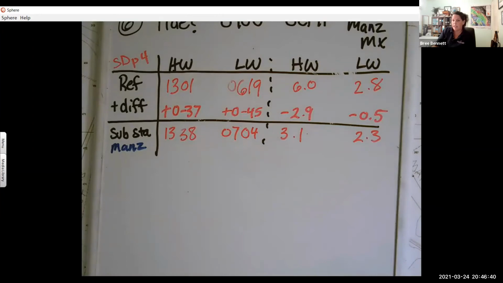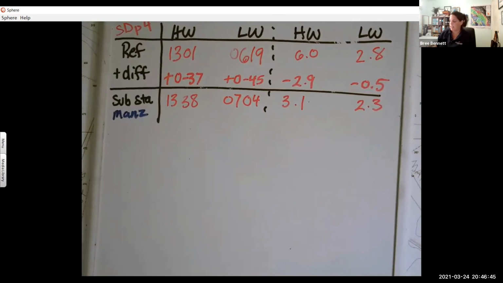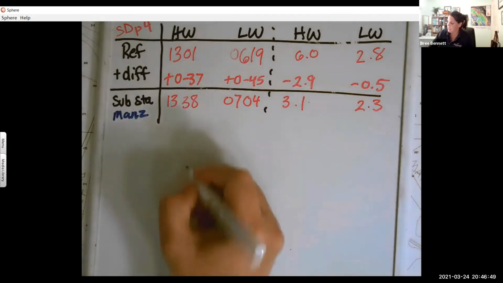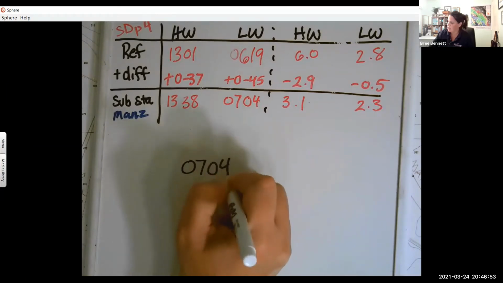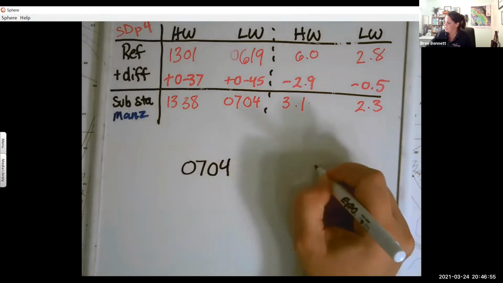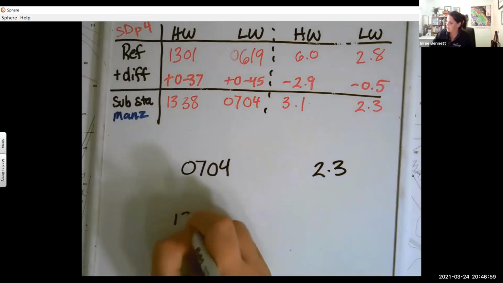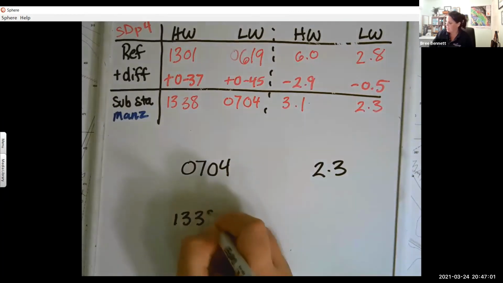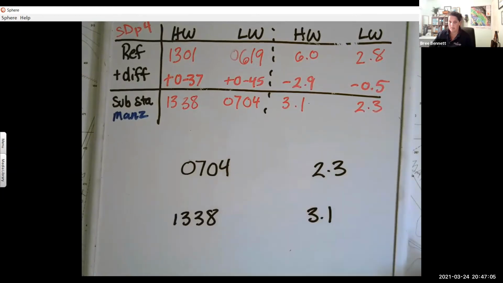So now I like to write it chronologically so I can go to my table 2 or my table 3. So I'm going to say at 07:04, the tide was 2.3. And at 13:38, the tide was 3.1. Very small tide change here.